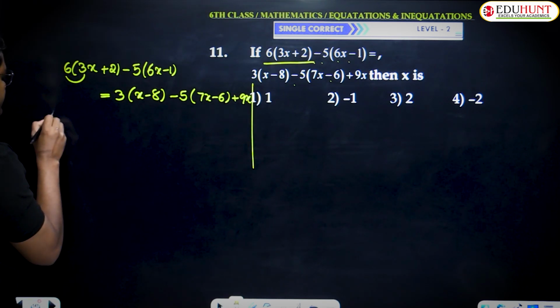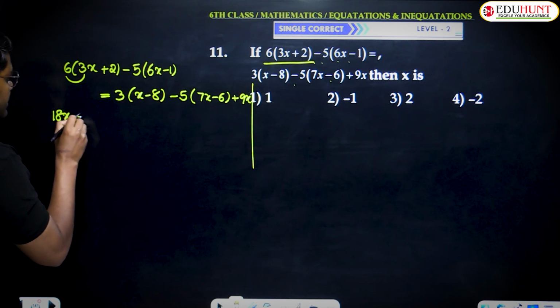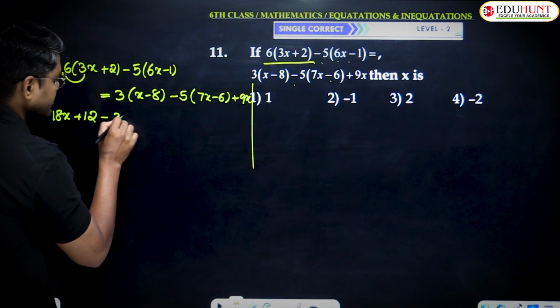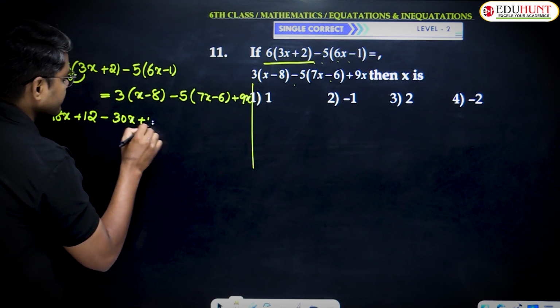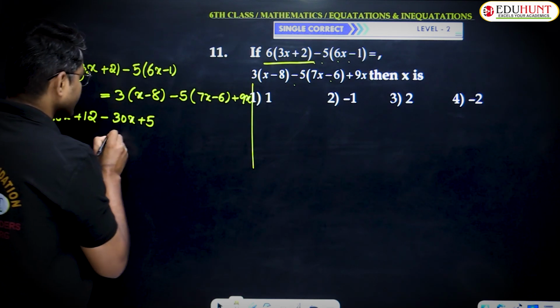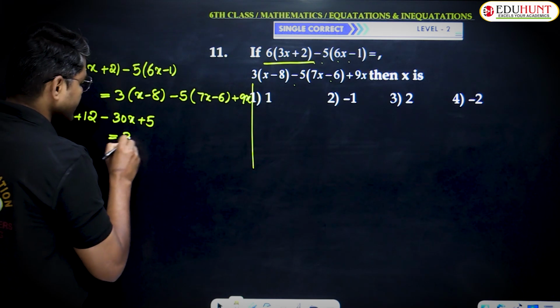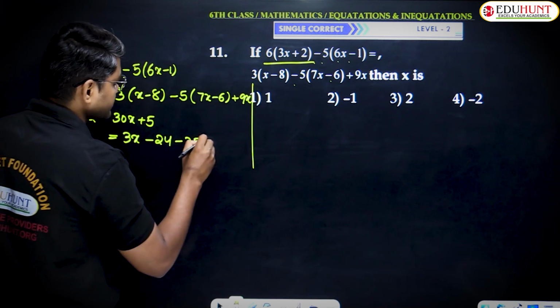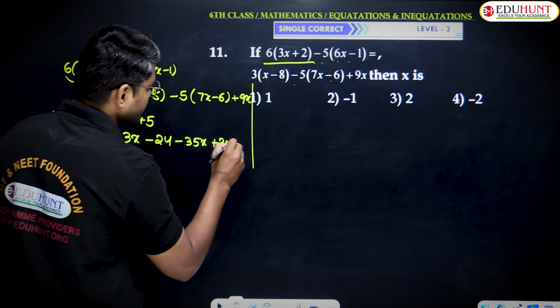This is 18x plus 12 minus 30x plus 5 equal to 3x minus 9x.